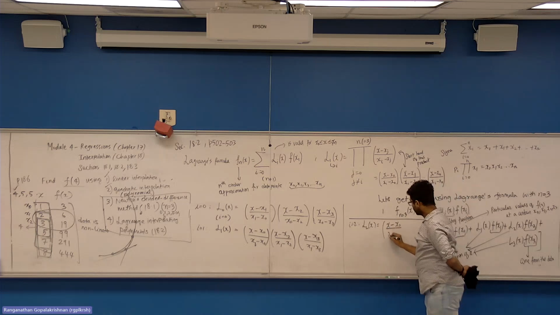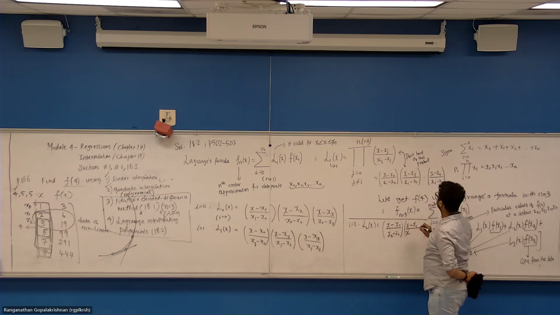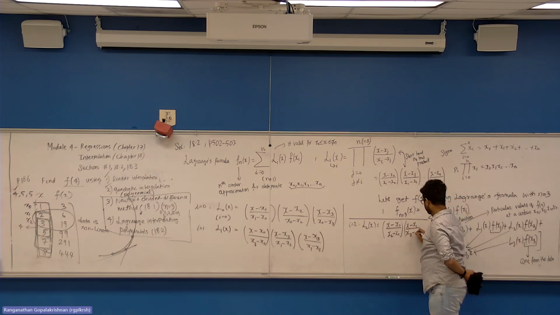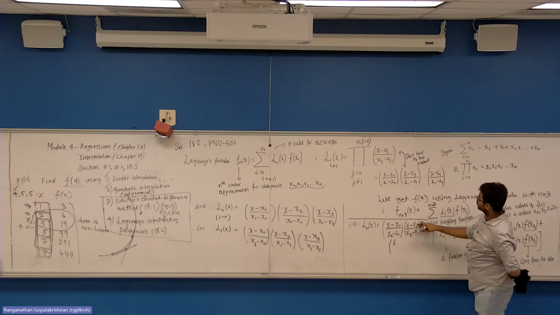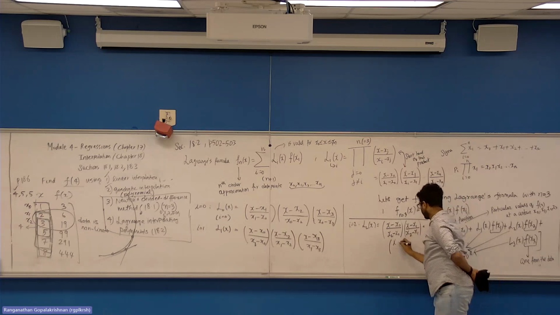So this will be x2 minus x naught, and then you will have x minus x1 divided by x2 minus x1, multiplied by x minus... I can't do x2 because j equal to 2 and i equal to 2 can't exist. So I'll write x minus x3 divided by x2 minus x3.